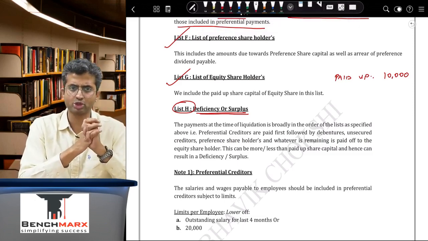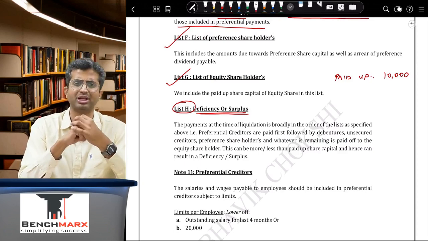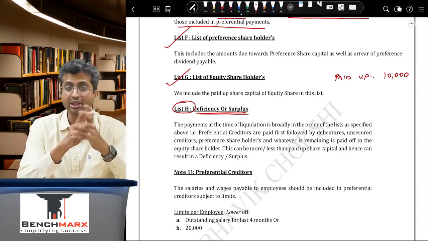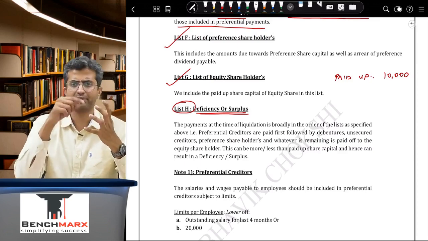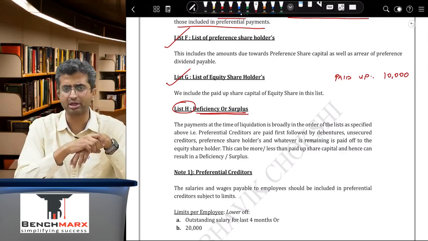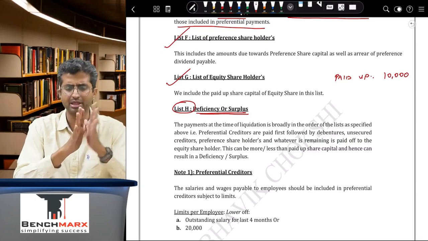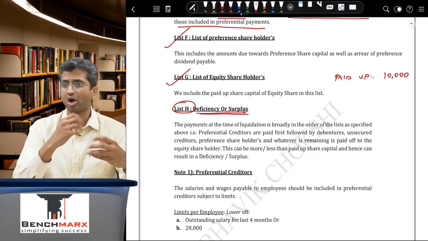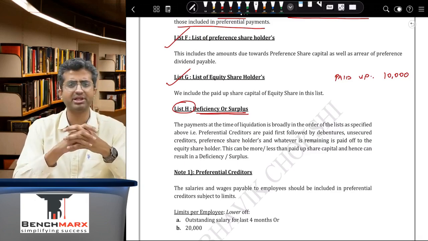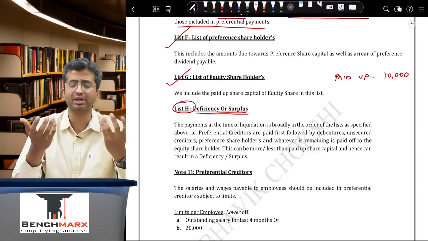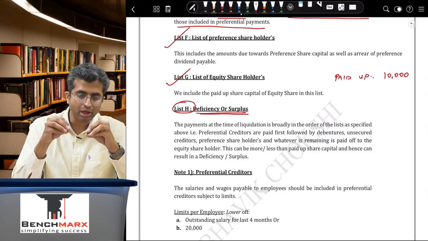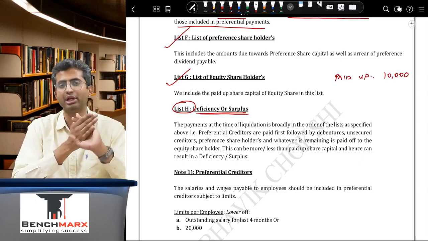So if the liquidation is starting in 2020, then you will at least start from 2017 and then take the profits of 17, 18, 19, 20, etc. Minimum 3 years in the past you will start, and then take all the profits, all the losses, all the dividends paid, all the abnormal events that have happened during that 3-year period at least, and show it to the shareholders. Now that will typically give you the accumulated loss position as on the date of liquidation.